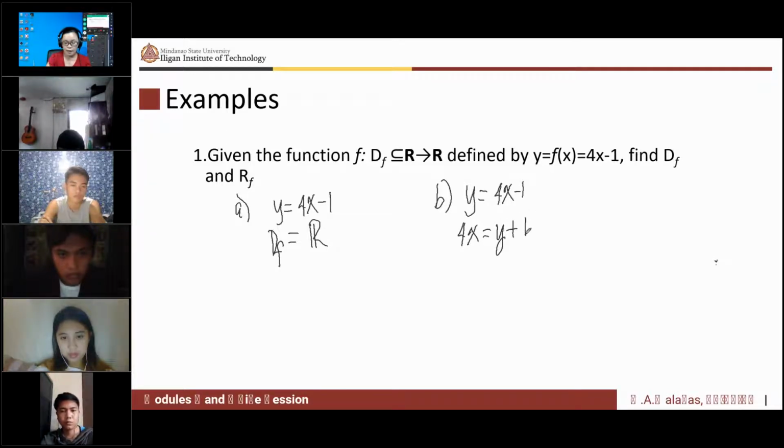And then we get x equals (y plus 1) over 4. Again, if you look at the equation, this is well defined for all values of y. So the range of f is also R, the set of real numbers. Very easy. Now let me clear this one.